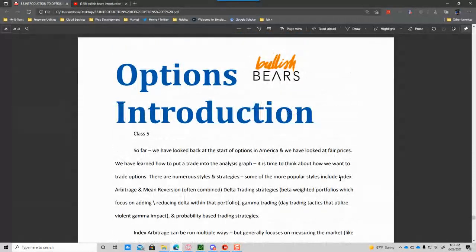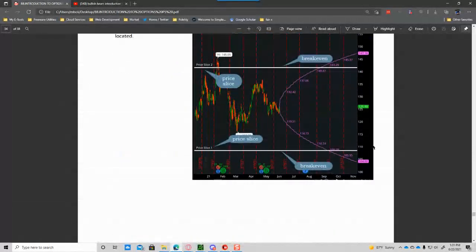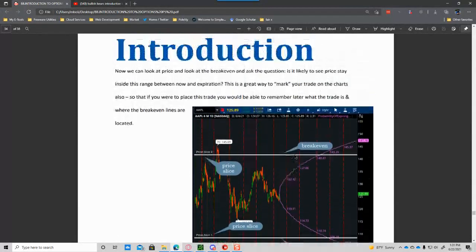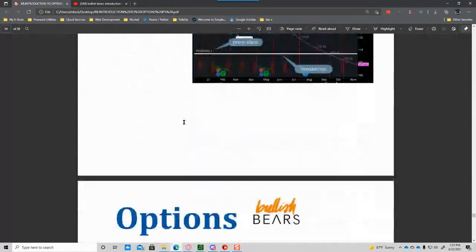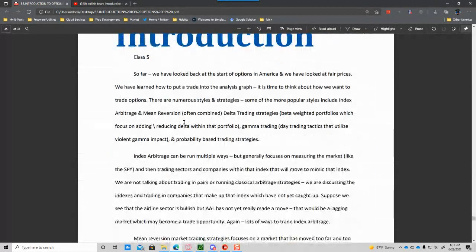Last week, we focused on expected move, implied volatility, measuring a market in the risk graph, understanding how to measure your trade. So this week, I thought it would be a good idea to start thinking about the different kinds of options strategies out there, the different ways that options are traded.